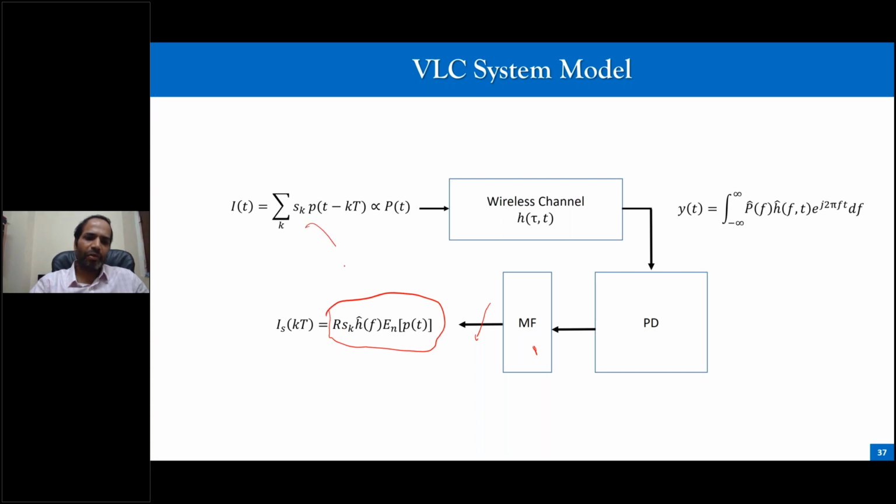So this SK is produced here, and then you have this channel coefficient, and this depends upon the energy of the pulse shapes that you are using. Okay, so I will leave these slides. You can look at the slides, go through them more carefully, and I hope that you could follow these slides.